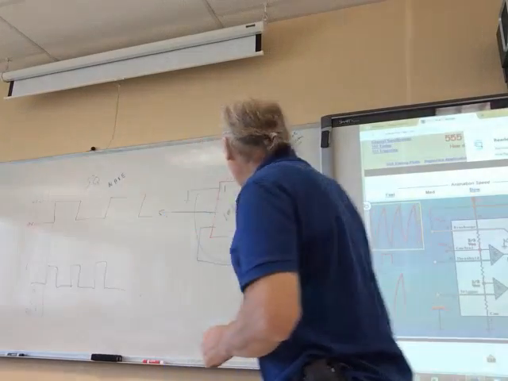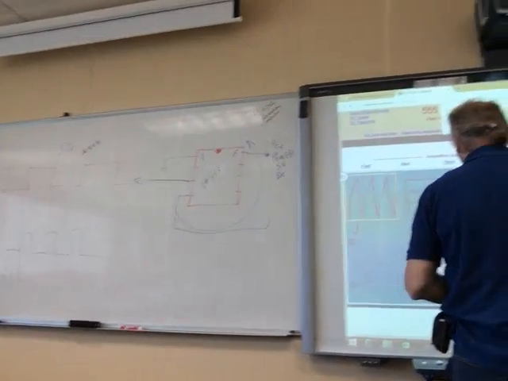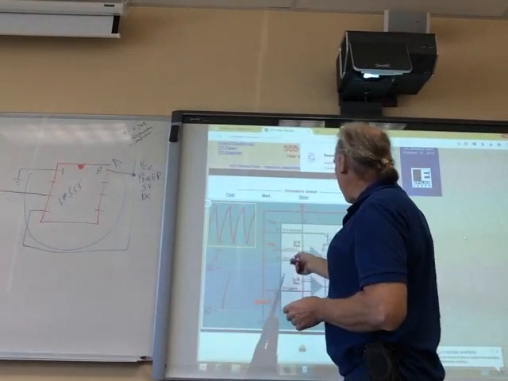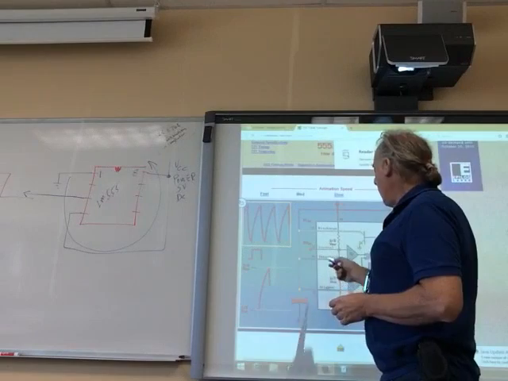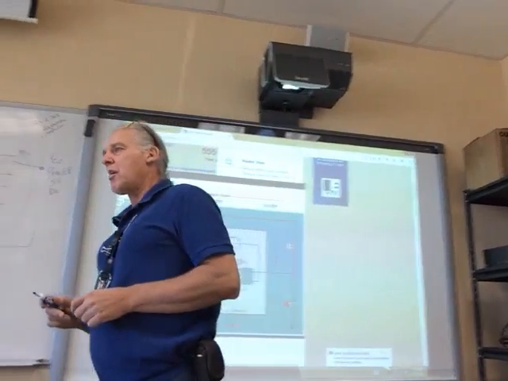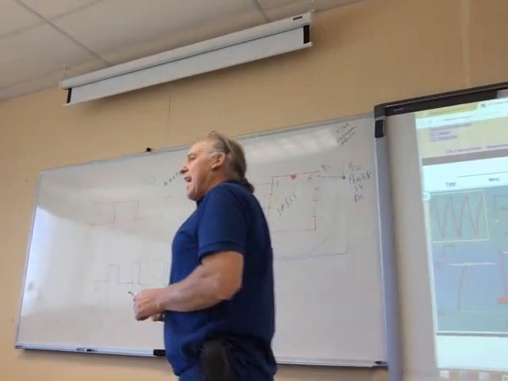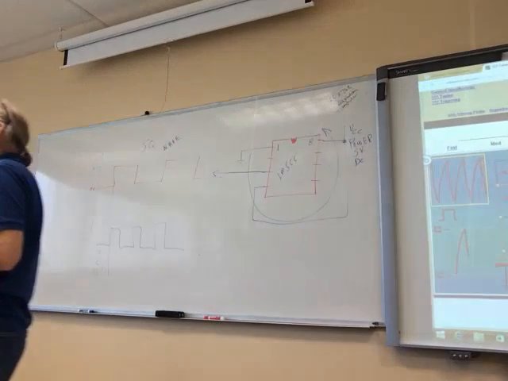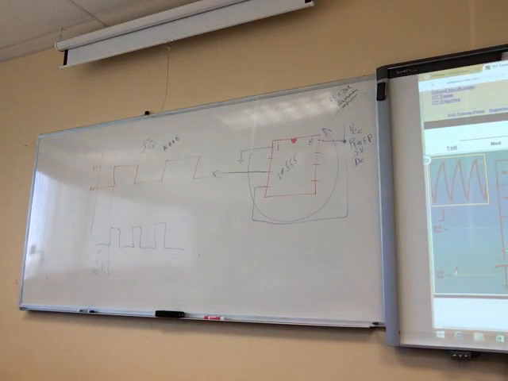Now, 2 and 6. 2 and 6 are threshold and trigger. In this particular case, they have to be connected together. And in most cases, they will be to get it to oscillate. Okay?